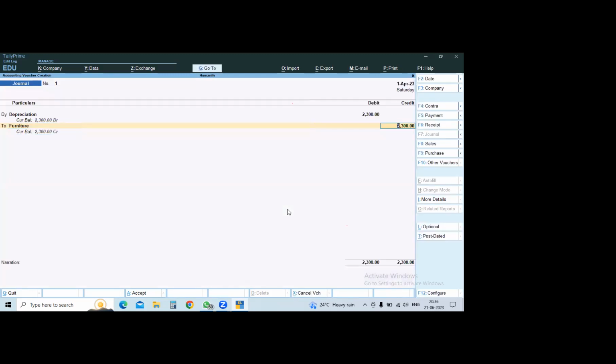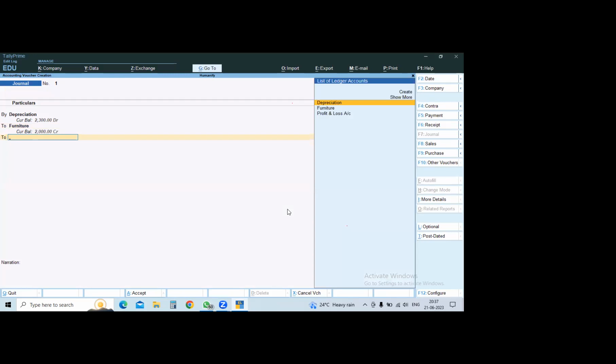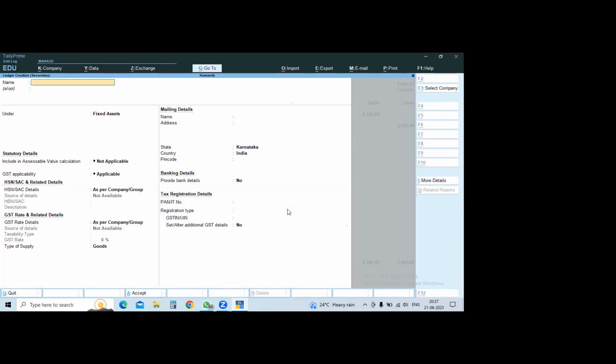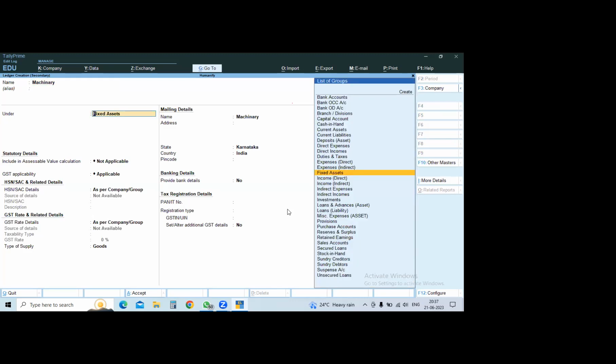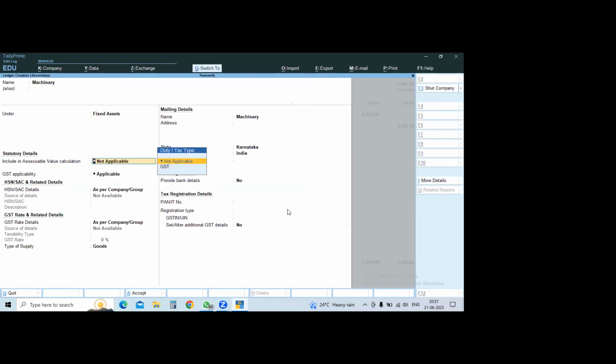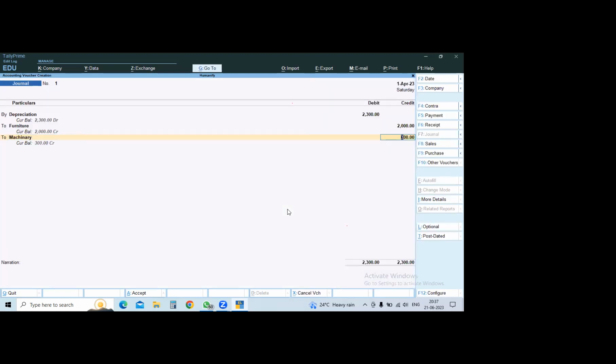Here you type 2,000. Enter. To machinery: the depreciation account will be debited to furniture, to machinery. Alt C, create machinery under fixed asset only. Ctrl A to accept. Like this it will come.